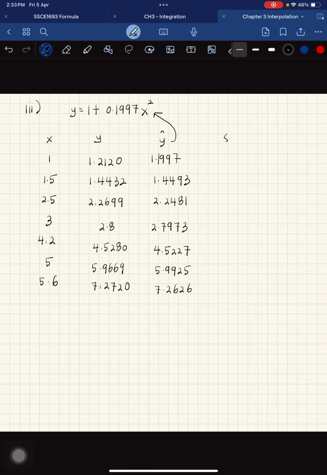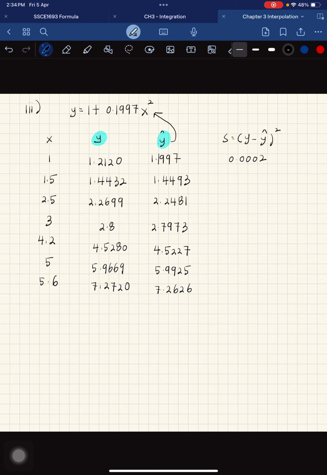So if you want to find S, it is equal to y minus the estimation of y, squared. So this value minus y, and then squared. This is my answer, but you need to check.